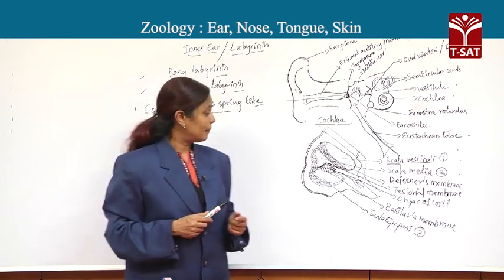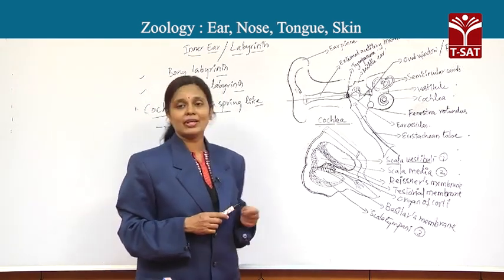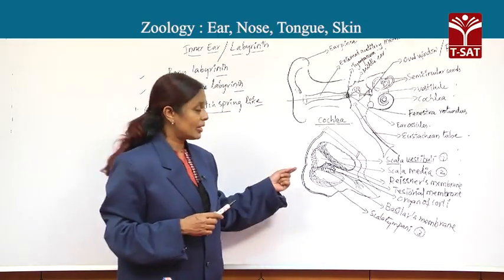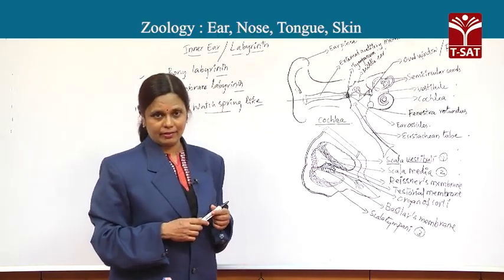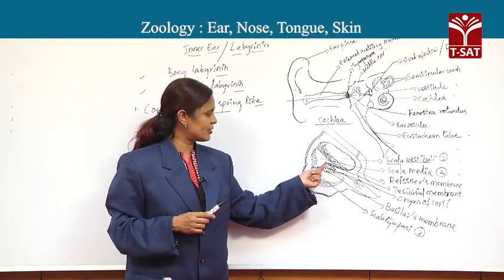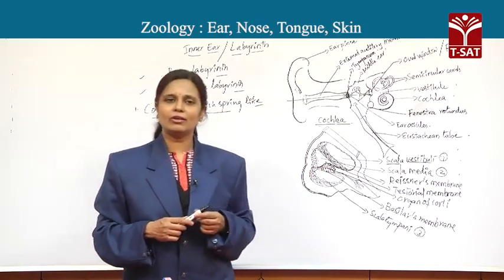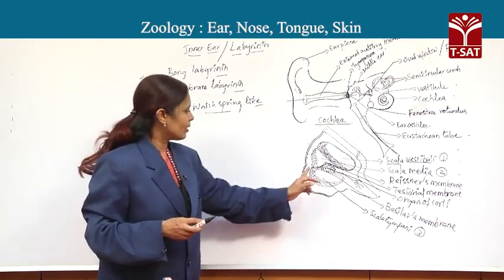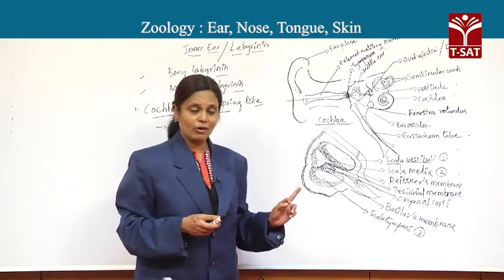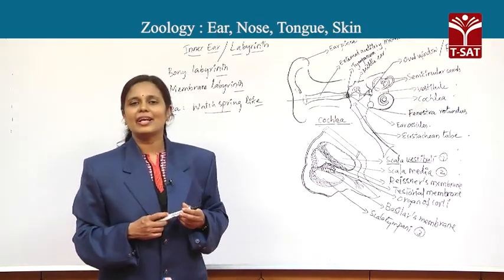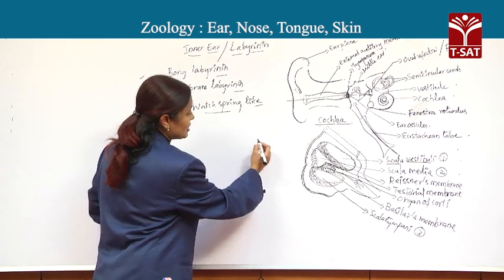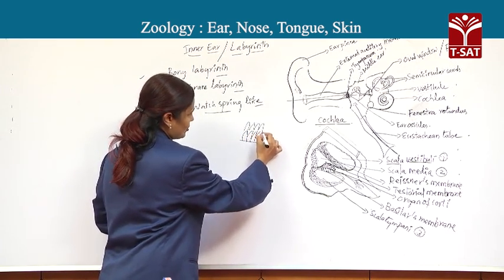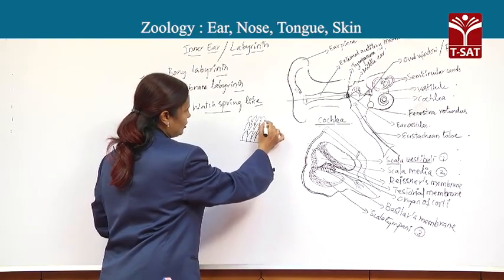On the Basilar's membrane, there is a sensory ridge called organ of Corti. What is it made of and what is the significance of it? This organ of Corti is made of several layers of sensory hairy cells arranged one above the other.